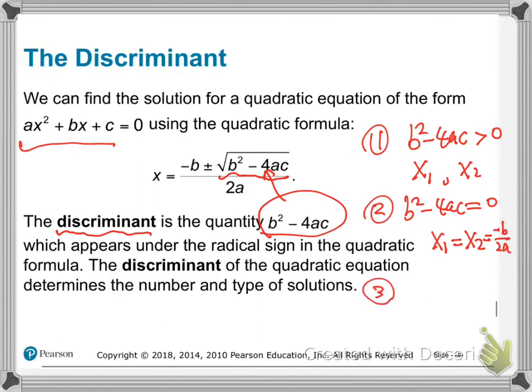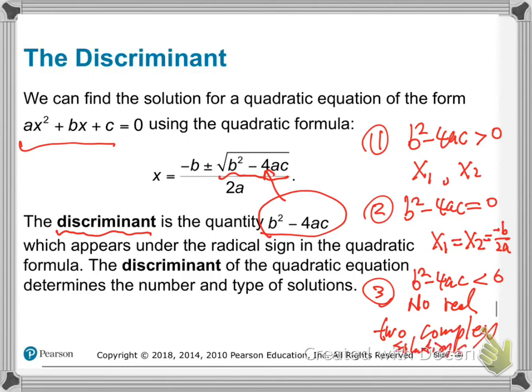Case 3: if this is less than 0, then we get no real solutions, but we get two complex solutions. The answers are complex numbers, which means there's a letter i here. You don't have real solutions.